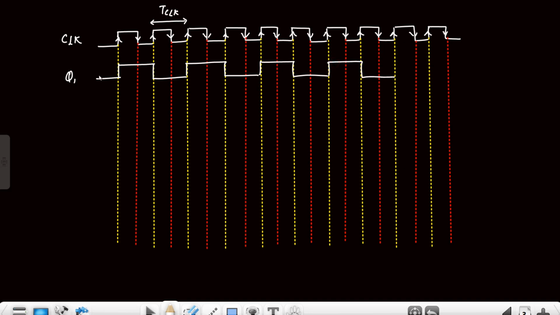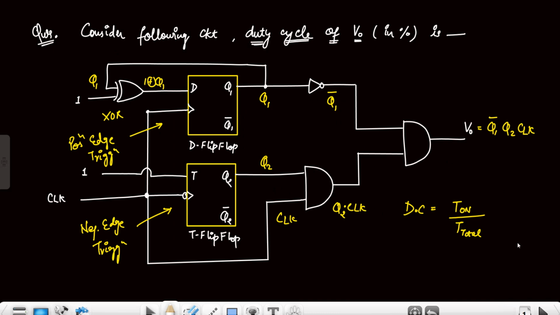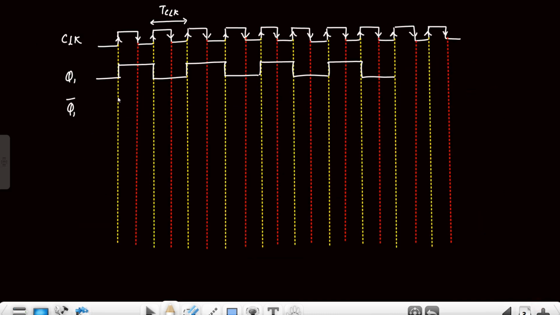So this is Q1, but we have to evaluate Q1 bar, which will simply be the complement. So this was 0, 1, 0, 1, 0, 1, and the complement of this will be 1, 0, 1, 0, 1, and so on.